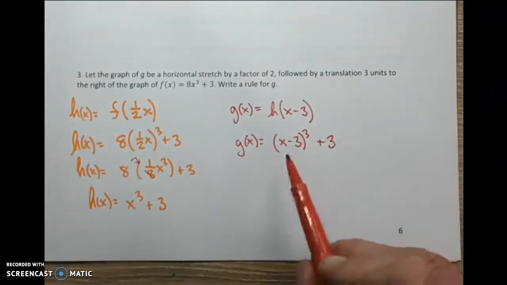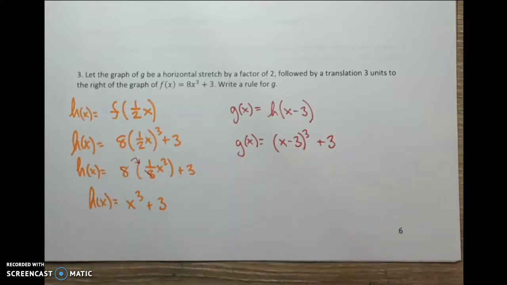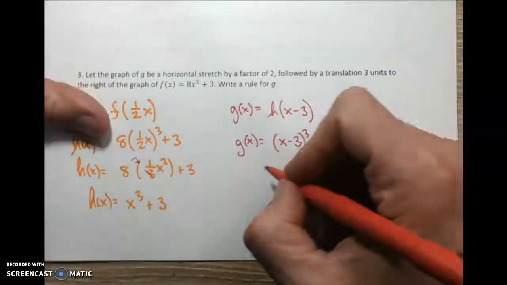Alright, so here's where it could get challenging, and here's where we're going to do some binomial expansion, Pascal's triangle, whatever you want to call it. Okay, so here we go.